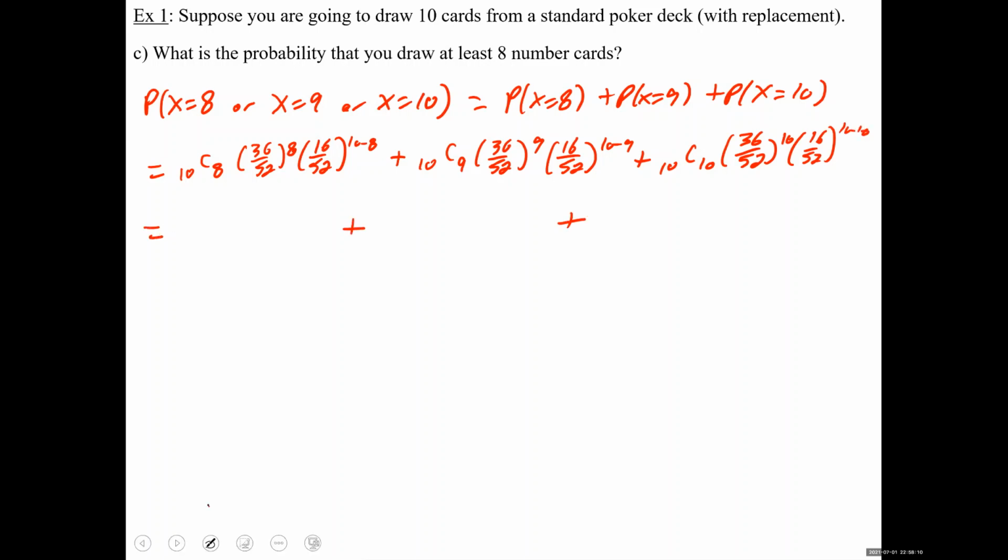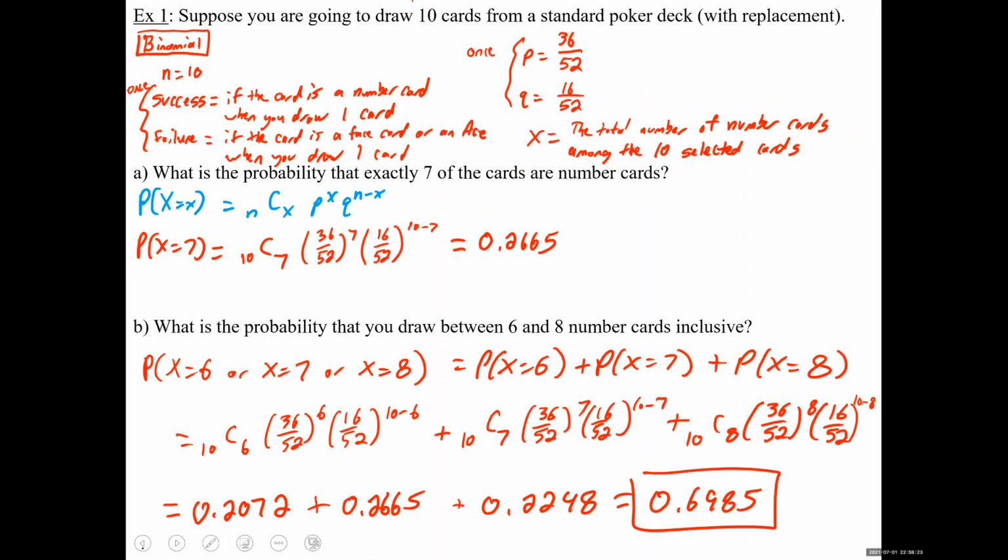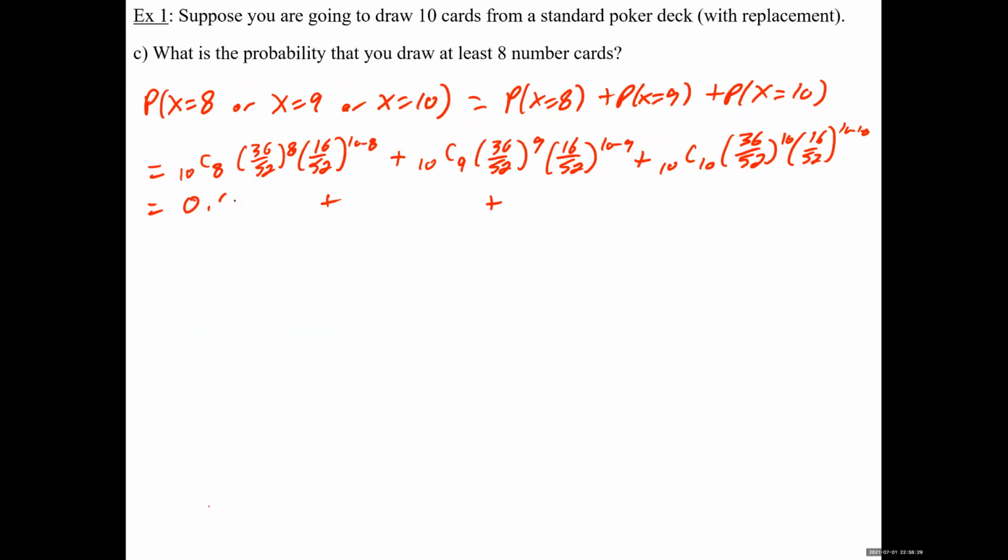Let me see where the next problem is going to start. Okay. So again, you just calculate these. The first one, the 10C8 one we did already. It's over here, 0.2248. All right, let me do the rest of them.